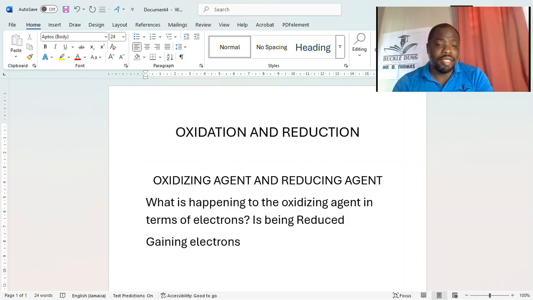Once you understand the whole concept, we did say that if something is being oxidized, then it is the reducing agent. And if it's being reduced, it's the oxidizing agent. So on the flip side, if you want to think about any of those, you use that. They might ask you as well, what is happening to the oxidation number?